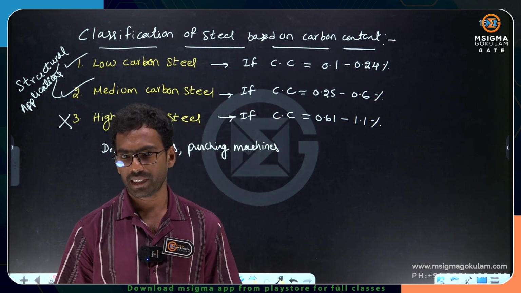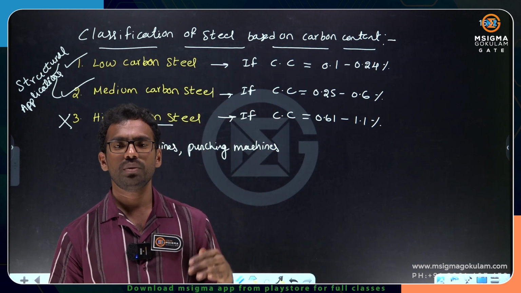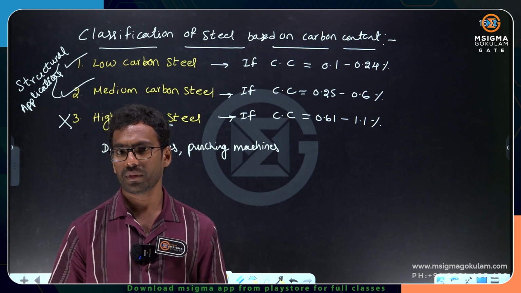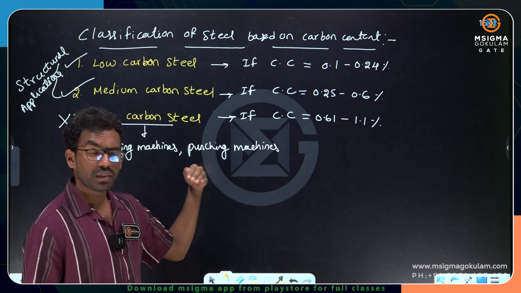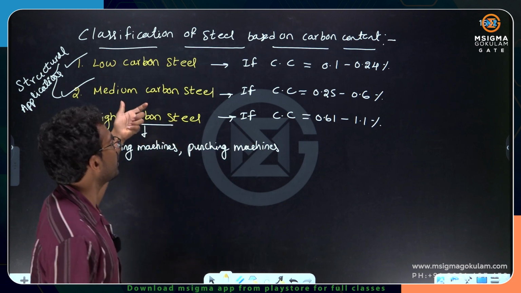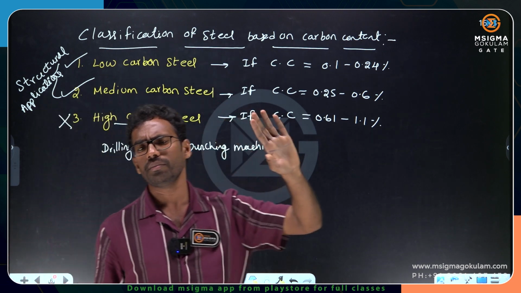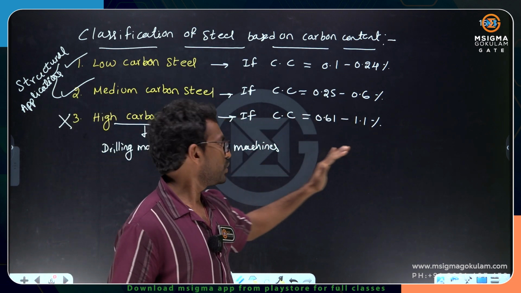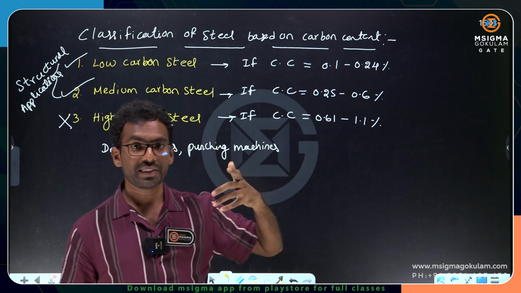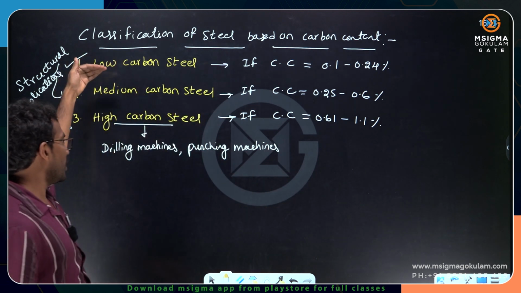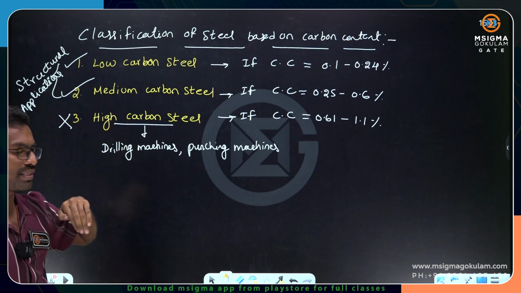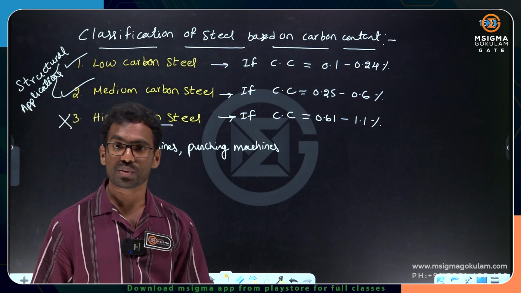Now, I told you about something called hot roll sections. Let us talk about what the hot roll sections are. But before that, let me tell one more thing here. What are the stress strain curves for this kind of steel: low carbon steel, medium carbon steel, high carbon steel? How do the stress strain curves look?